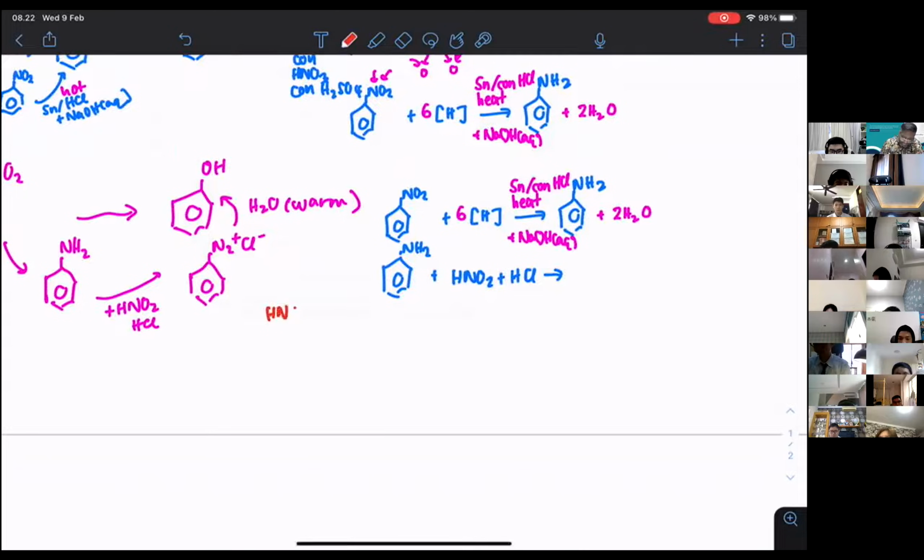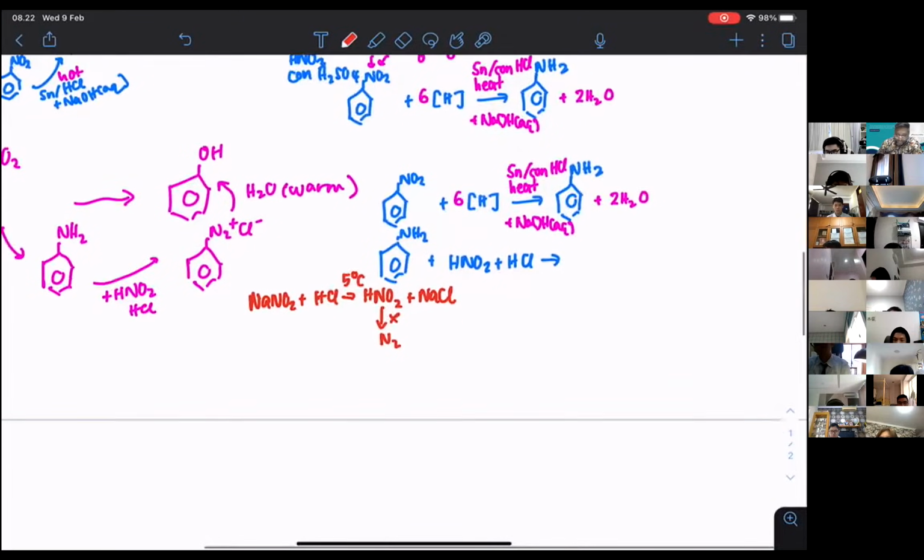HNO2 is prepared by NaNO2 plus HCl, which gives you HNO2 plus NaCl. This is done at 5 degrees Celsius to prevent it from changing into nitrogen gas. Don't want it to decompose.